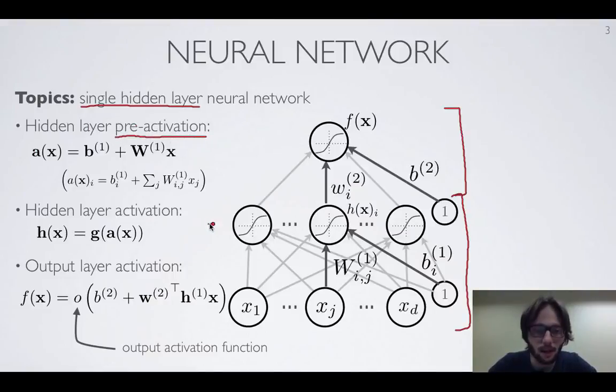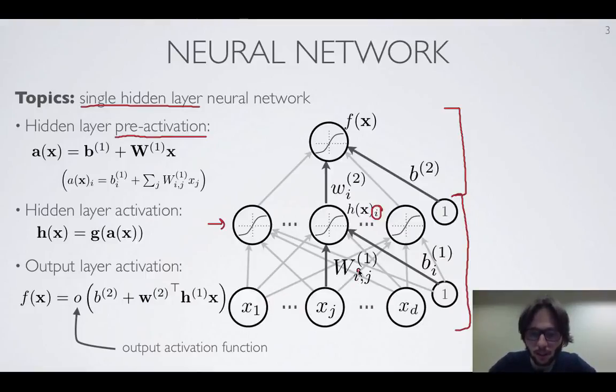And now in this hidden layer, we might have several neurons, not just a single neuron. And so each ith neuron, whose output activation will be h of x i, will be connected to all potential inputs.